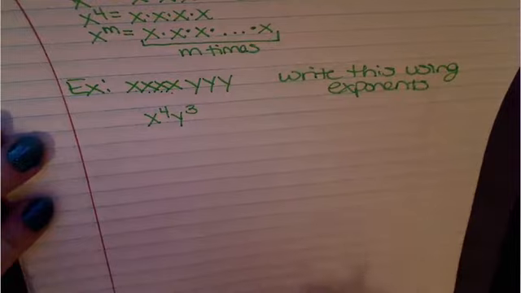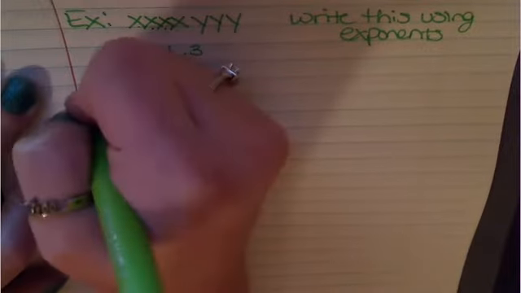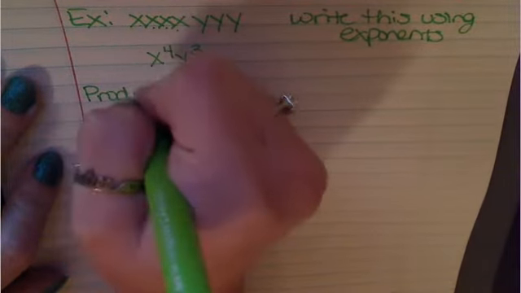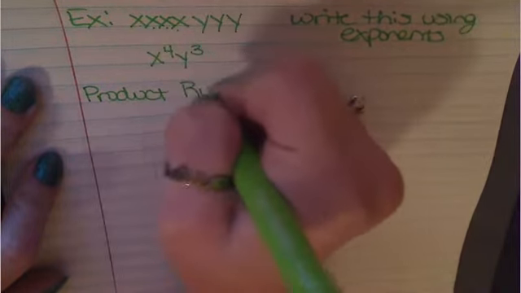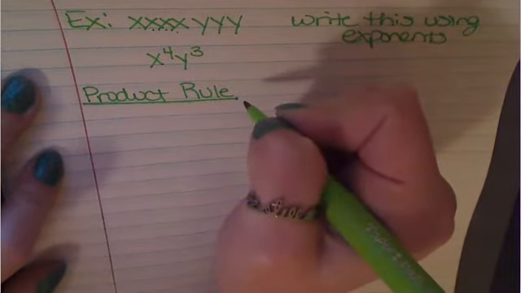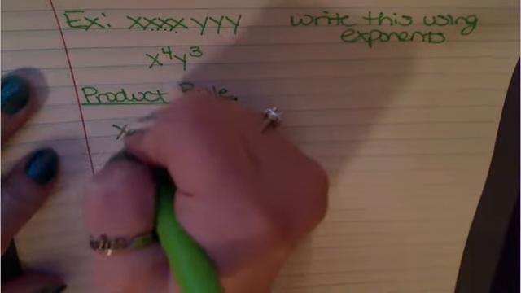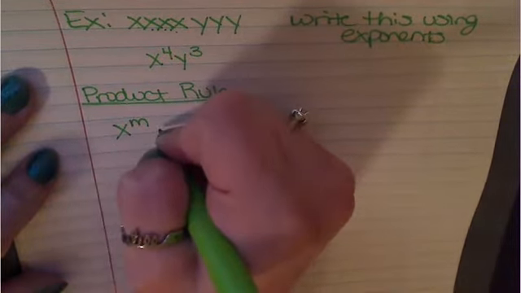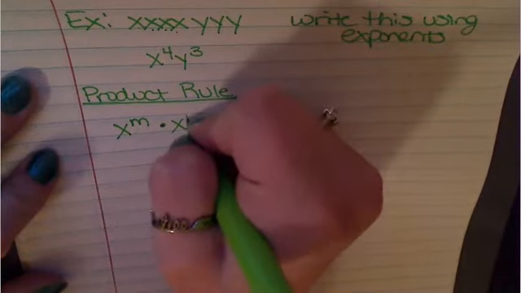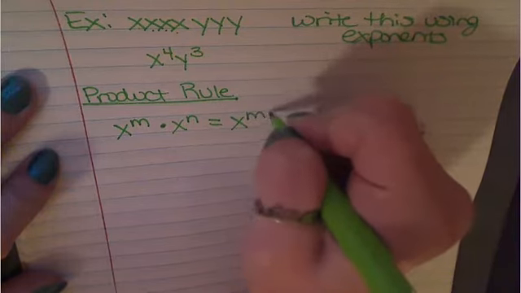Now when you're working with exponents, there are some different rules. The first rule we're going to work with is known as the product rule. I'm going to give you the generic form, and then I'm going to work some examples for you. So this says x to the m times x to the n equals x to the m plus n power.